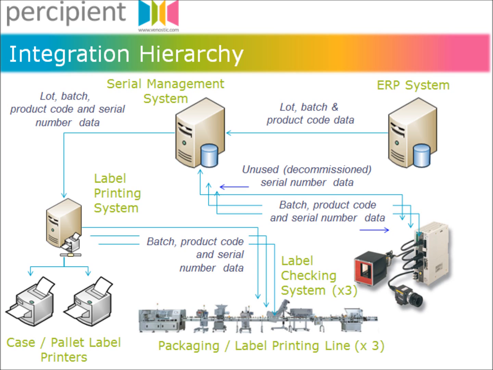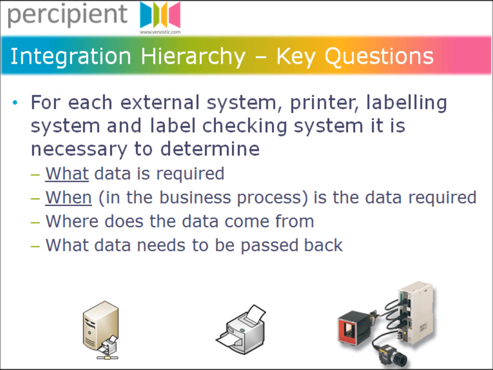You need to generate a works order from your ERP system to say which line you're going to package, how much of a particular formulation and a particular SKU from a particular manufacturing batch. That needs to be sent down to the appropriate label printing system on the packaging line, needs to be verified by your vision systems, come back up to your serial management solution as well. So all of this is quite complicated.